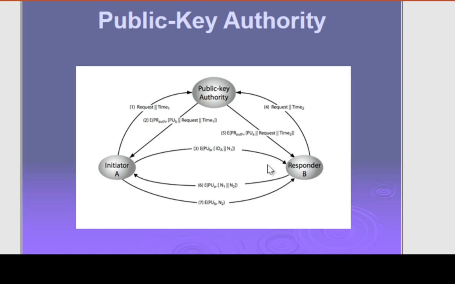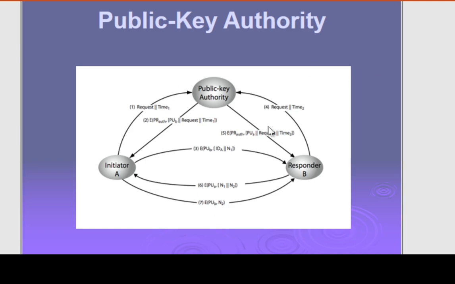At the fifth step itself, B knows the public key of A, but these two steps are for confirmation of whether A is aware.